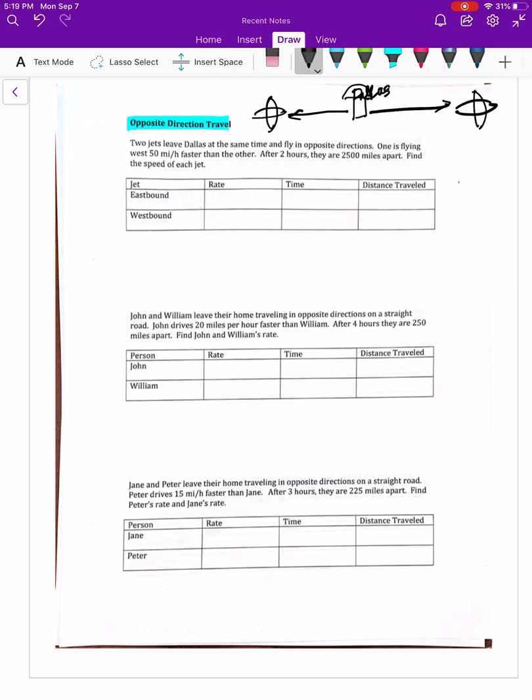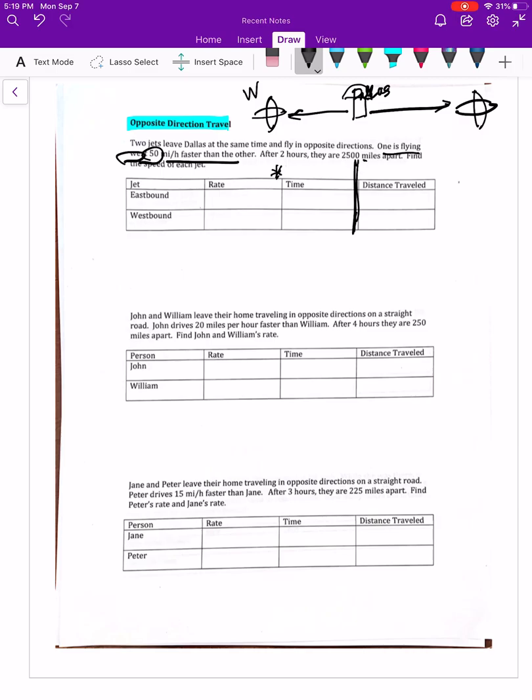All right. It says one is flying west, so this would be west, 50 miles an hour faster than the other. After 2 hours, they are 2,500 miles apart. So again, still distance equals rate times time.